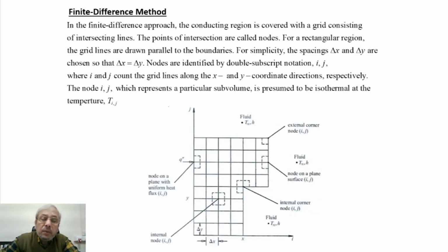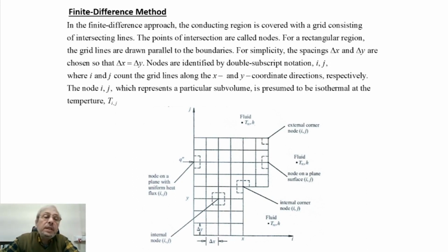So, to summarize whatever we have done till now, we will be following the finite difference method for steady state conduction problems. In the finite difference approach, the conducting region is covered with a grid consisting of intersecting lines. The points of intersection are called nodes.